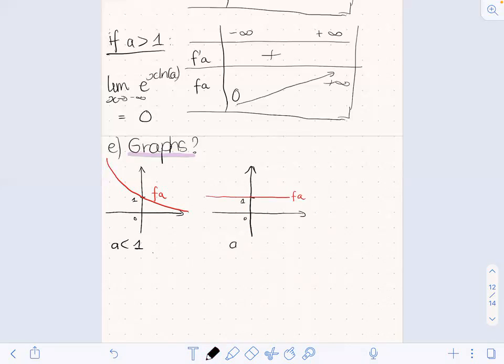This is when a is equal to 1. Then finally, when a is greater than 1, we can draw a third graph. So we've got 0, 1. And again, this would resemble an exponential function.